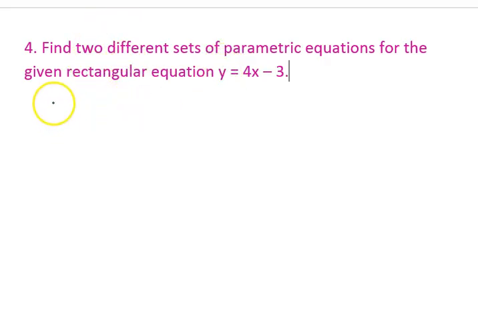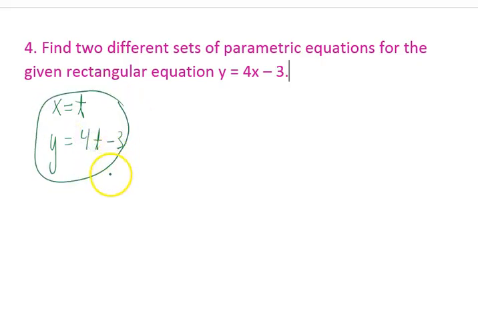So for the first one, I'm going to take that very simple x equals t that we used in the last example because that's the easiest one to do, because it's already one of your equations. And then I'm going to use that to plug in, and y would equal 4t minus 3 if x and t are equal. And so there's the easiest possible set of parametric equations from a rectangular equation.